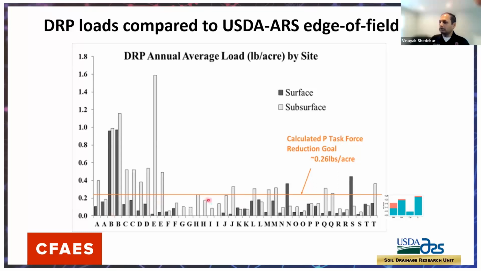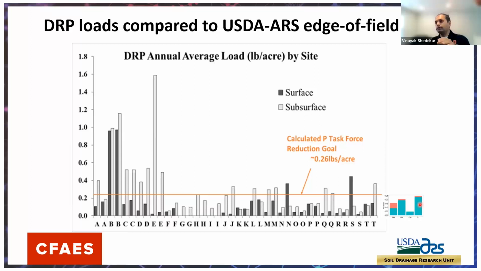In general, we're still much below that 0.26 pounds of dissolved phosphorus loss per acre threshold that we're trying to set as a target for the Lake Erie Annex 4 reductions. But within that pair, the healthy fields, which are DB and DM, tended to have much less phosphorus loss than the fields that were in conventional systems.